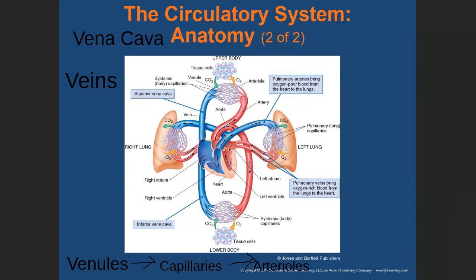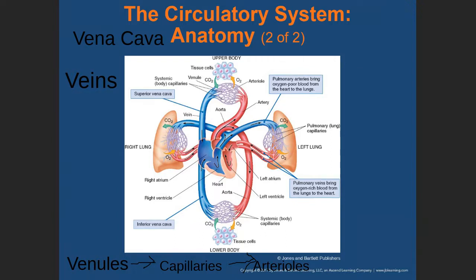The blood that the arteries transport is primarily oxygenated blood, with the exception of the pulmonary arteries, right? So primarily all arteries carry oxygenated blood, with the exception of the pulmonary arteries. And you have two pulmonary arteries. One goes to the right lung, one goes to the left lung. All right.